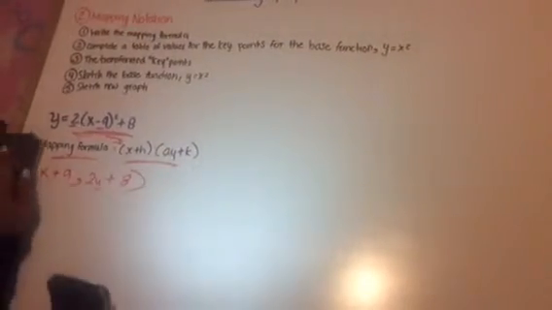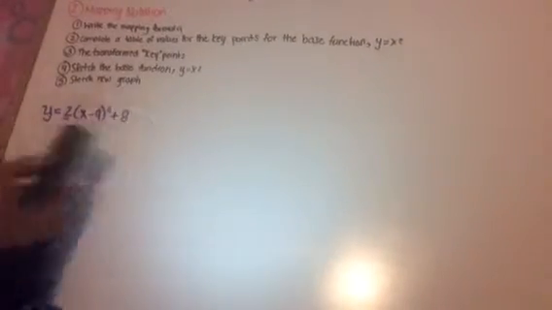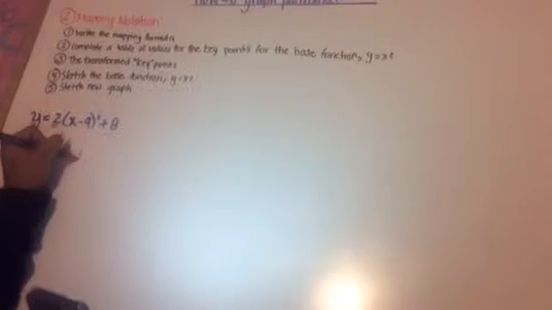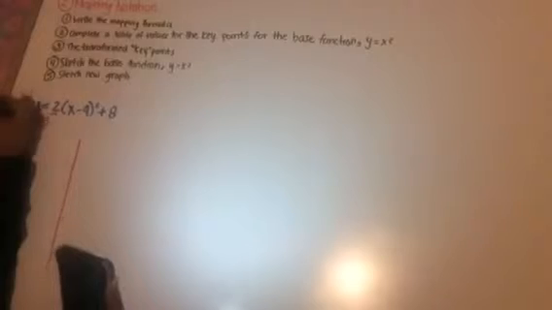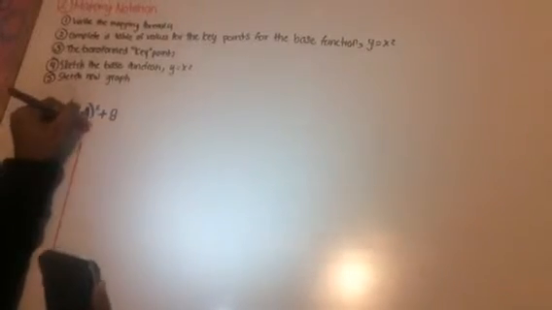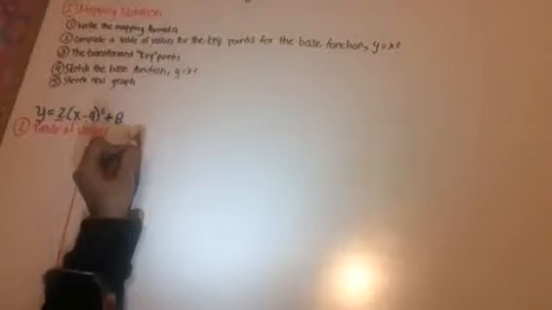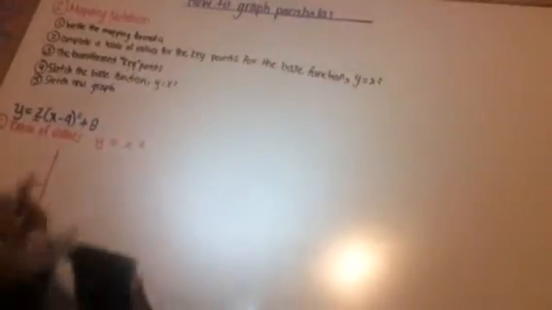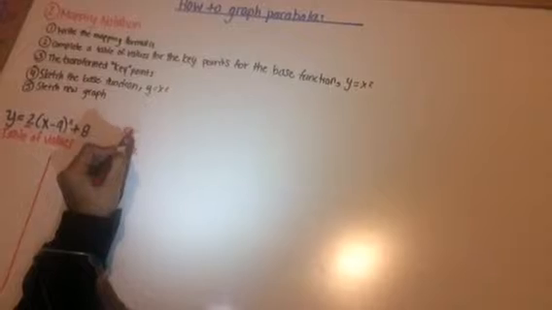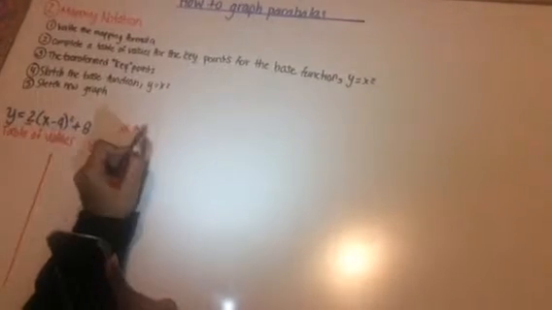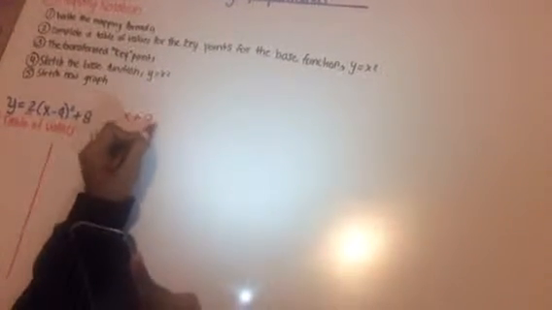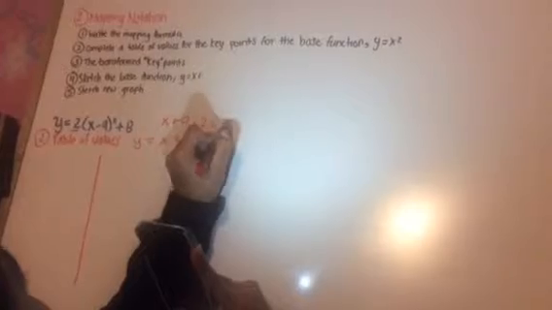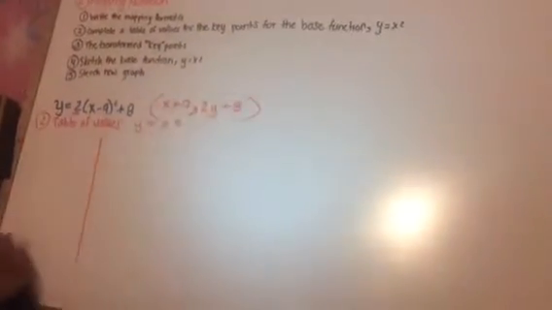Now we're going to do the second step, which is writing the table of values of the sketched key points. The mapping formula was x plus 9, 2y plus 5.